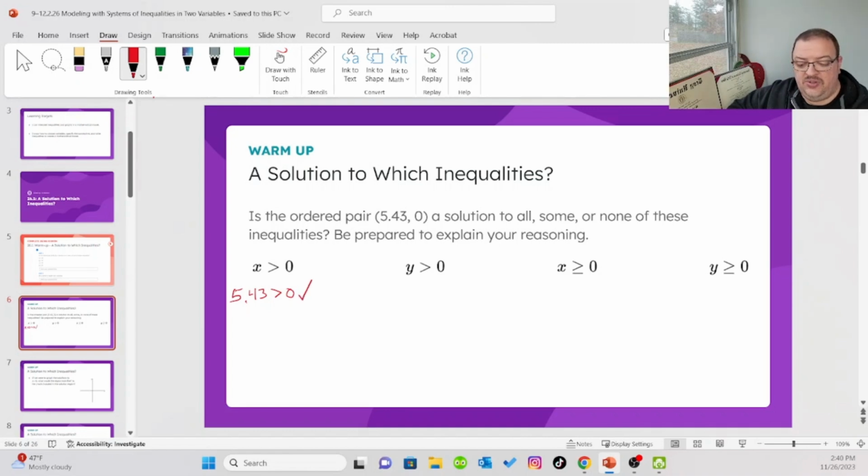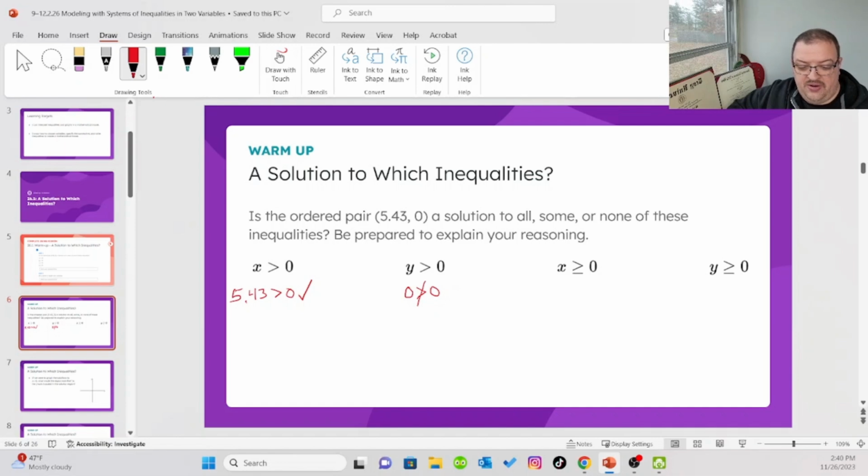So it is a solution to the first one. Now we're looking at the second one. They want y. Y is the second number in our pair. So this would say that 0 is greater than 0. And that is not true because 0 is equal to 0. So it's not a solution to the second one.